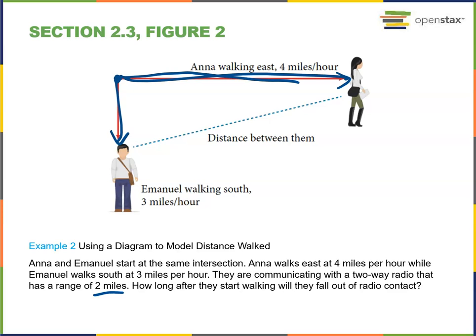In essence, we can partially answer this question by saying they will fall out of radio contact when they are 2 miles apart. But how long will it take them to be 2 miles apart? So first, let's identify our input and output. Our input is, again, the time t in hours.